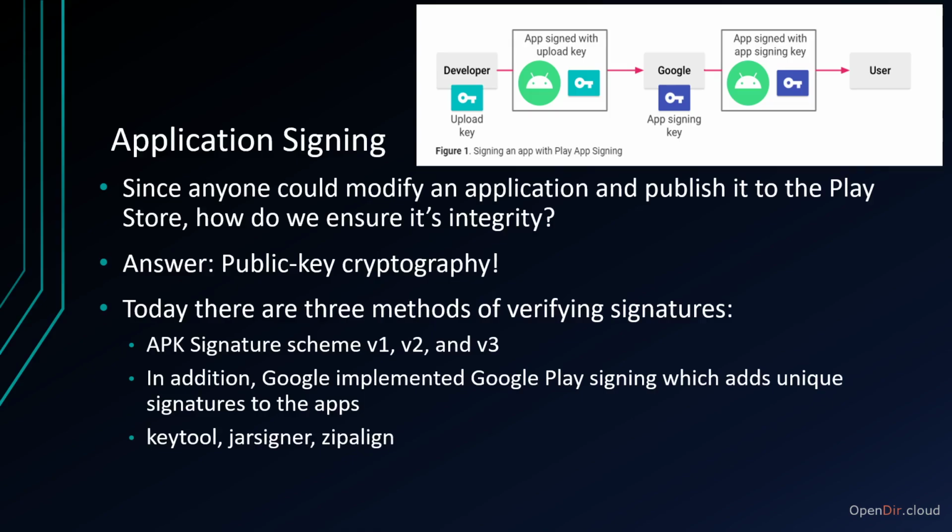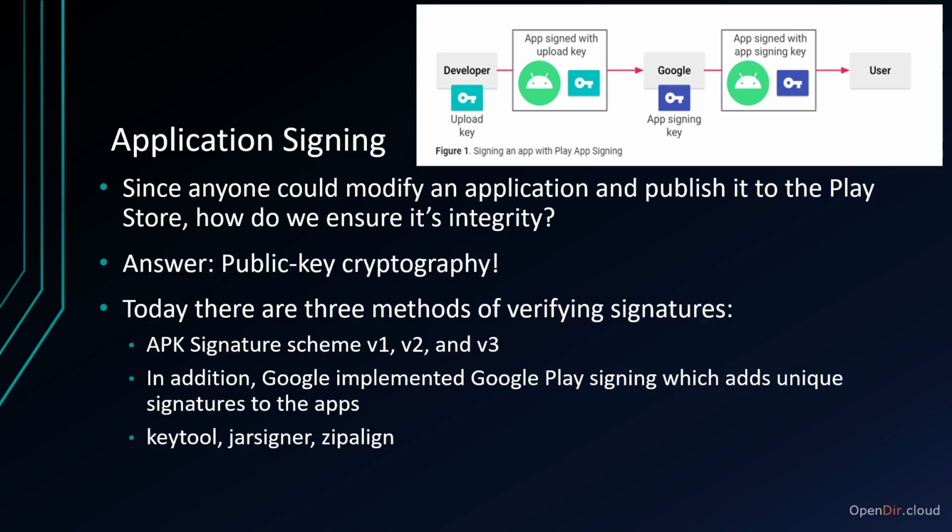In this course, when we're rebuilding and re-signing applications, we're going to be using three different tools: Keytool, Jarsigner, and Zipalign. This will become important when we're modifying source code for injection of our tool called Frida. So we'll be changing some source code in this course, and then rebuilding the application using these tools.